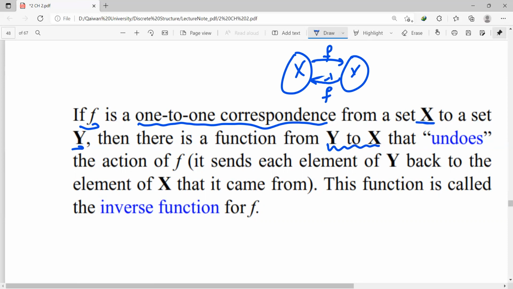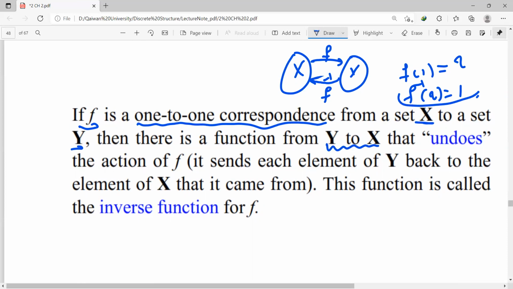If you return, I mean, when we say f of 1 equals 2, here f inverse of 2 is 1. As you see, if you return, it's called inverse.